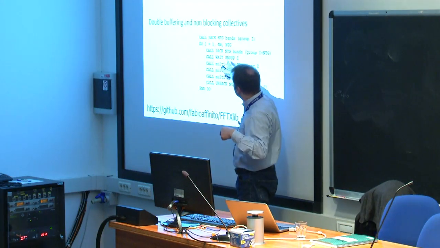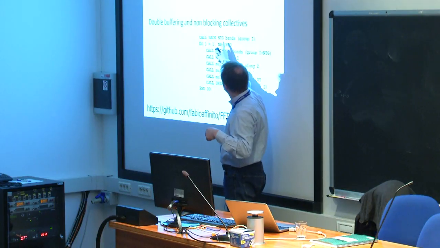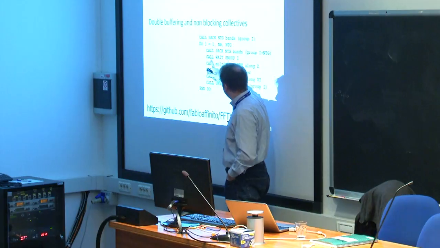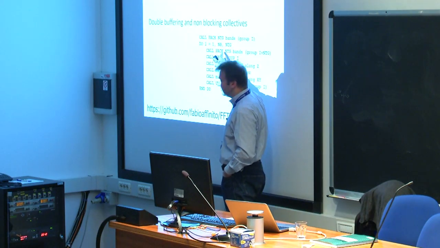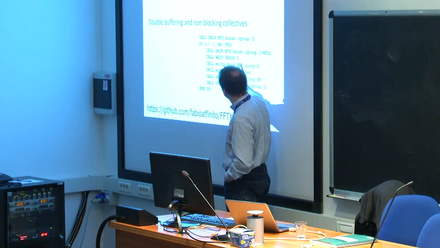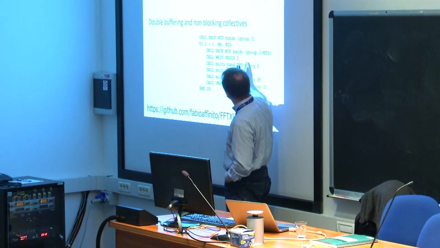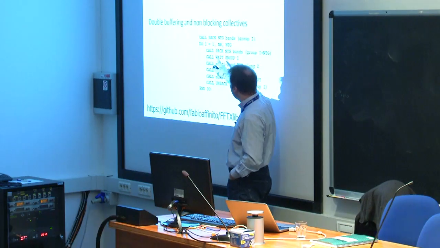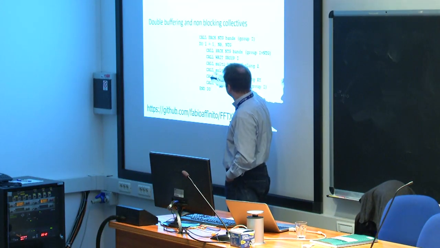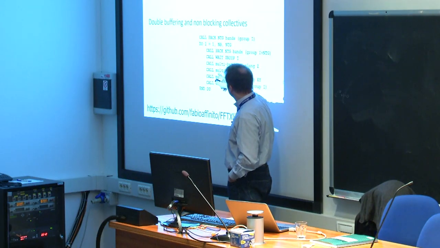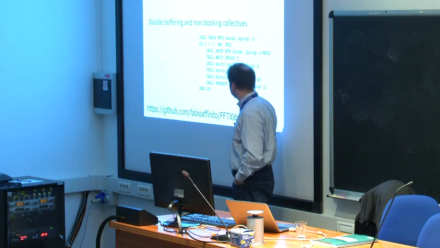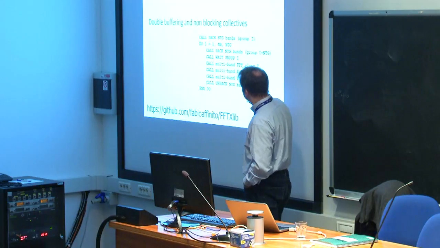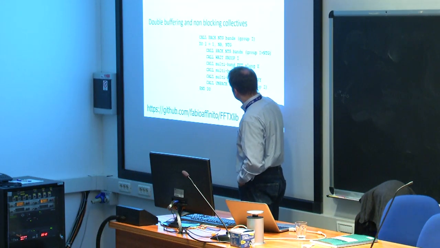Here I put a wait on the first pack, but I'm not going to wait on this one. So I proceed to compute the FFT on the first group of bands while I'm communicating the exchange of the second group of bands. Then I perform the scatter of the first group of bands and the FFT. Then I can unpack the first group of bands.